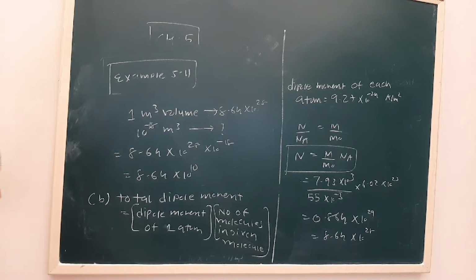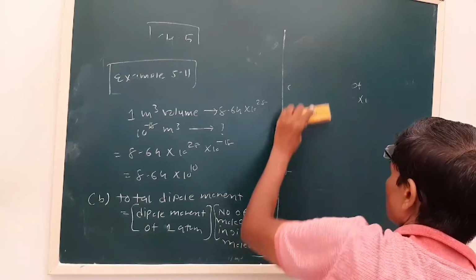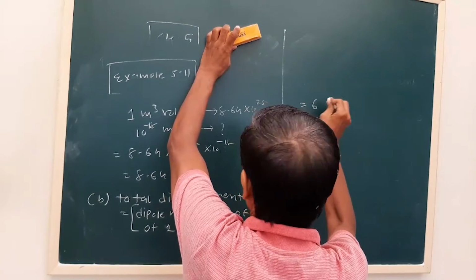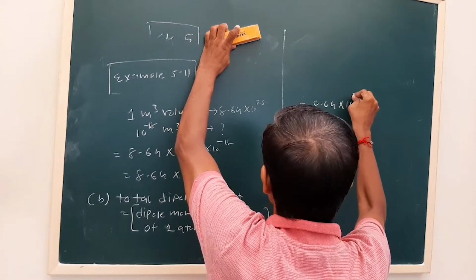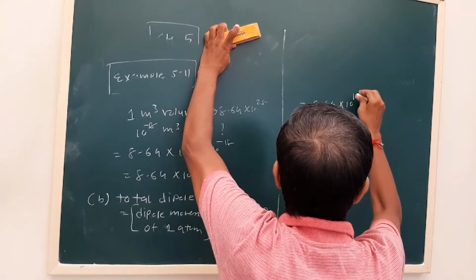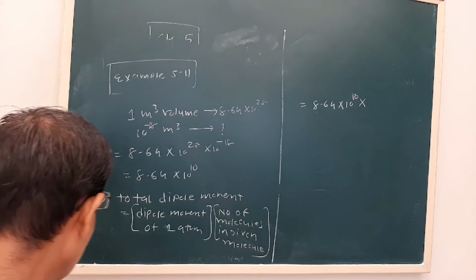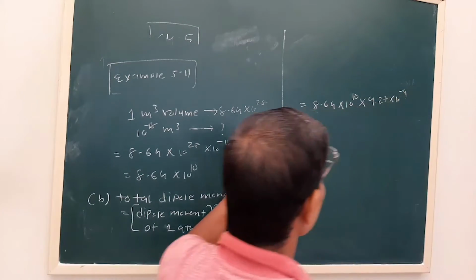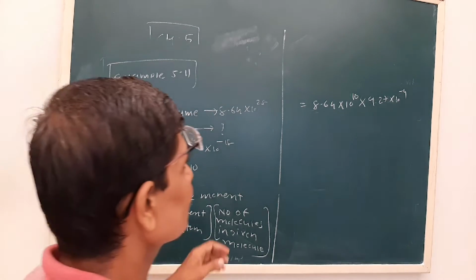Okay, and the dipole moment of one molecule is given as 9.27. Okay, that is the dipole moment of one molecule. So that is minus 24 given.